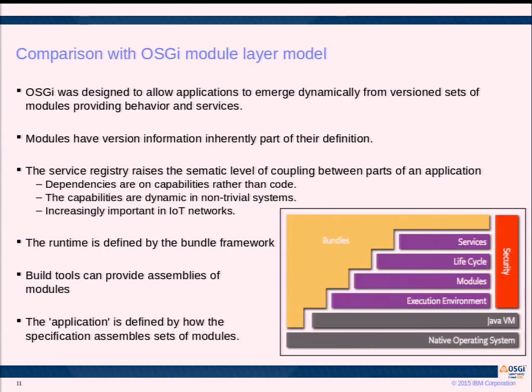And so the coupling together of your application is a lot more dynamic, not only because you have the whole life cycles of modules coming and going, but because you've got dependencies on services more so than you've got dependencies on explicit modules. And so your application, rather than being defined by this module path, which says how you've got a coherent set, is defined by the entire framework here, right?